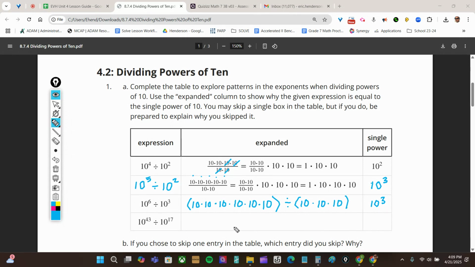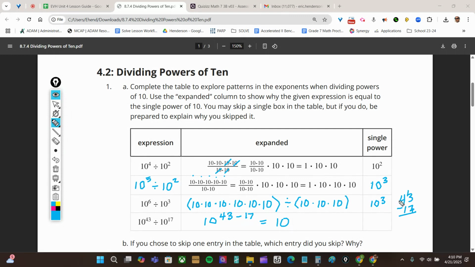Okay, so we're going to have to subtract this. 10 to the 43rd divided by 10 to the 17th is going to equal 10 to the, do the math, 43 minus 17.